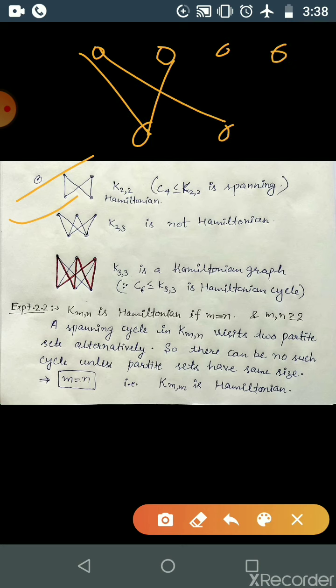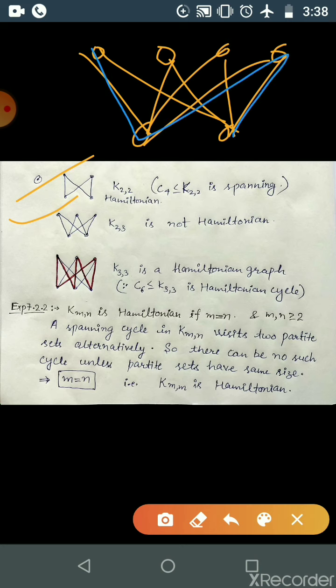Here each vertex in one partite set is adjacent to all the vertices of the other partite set and vice versa. So this is K24. Can you find any C8 here? Any C8, you can start with this one, then this one, then this one, then no. And if you are starting with this one, then no. Okay, so the maximum cycle present here is C4. So that's why this is not Hamiltonian.